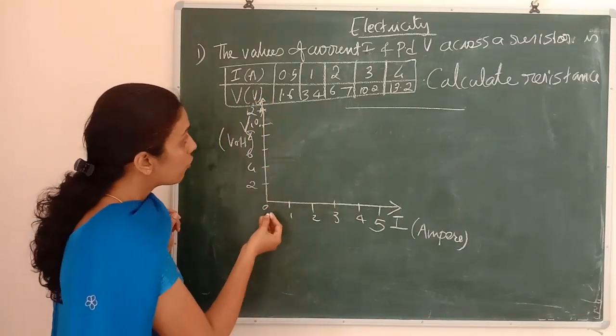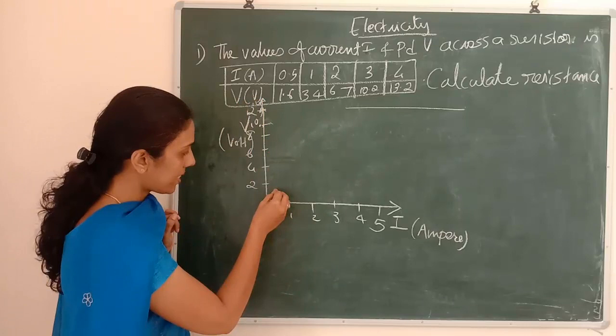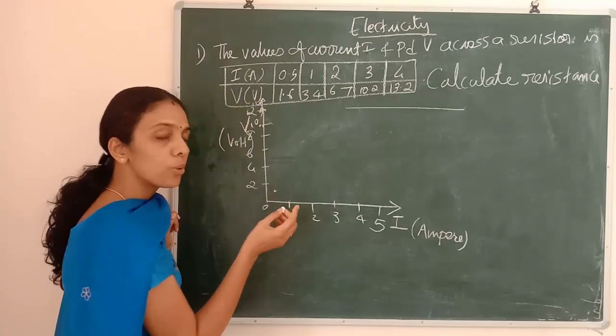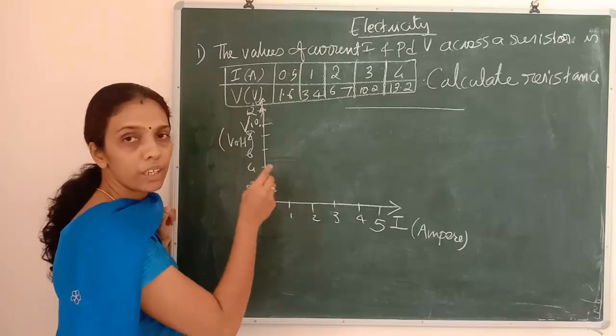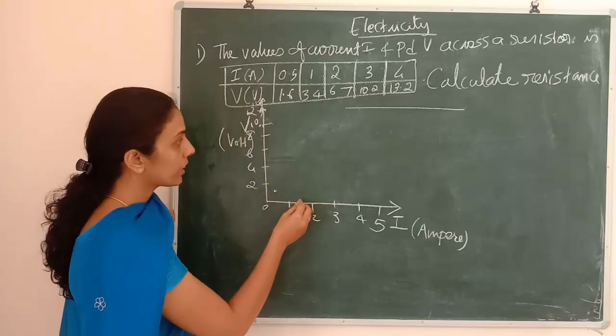So for 0.5 it is 1.6. If it is on graph sheet, you can do it very clearly, see where 0.5 is, and you can draw the graph.